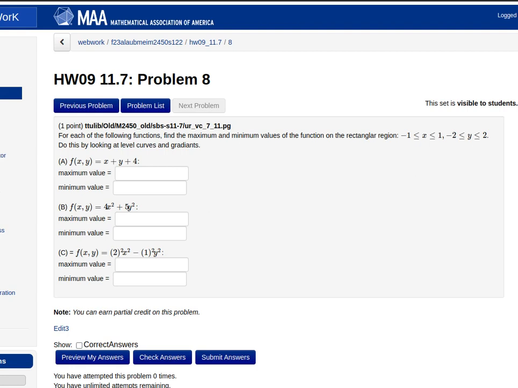And it says do this by looking at level curves and gradients, and I misspelled gradients, but using gradients just means we're solving those grad f type equations, and level curves just means you're thinking about when functions are equal to fixed values. So this is not as complicated as it kind of sounds at first listen.